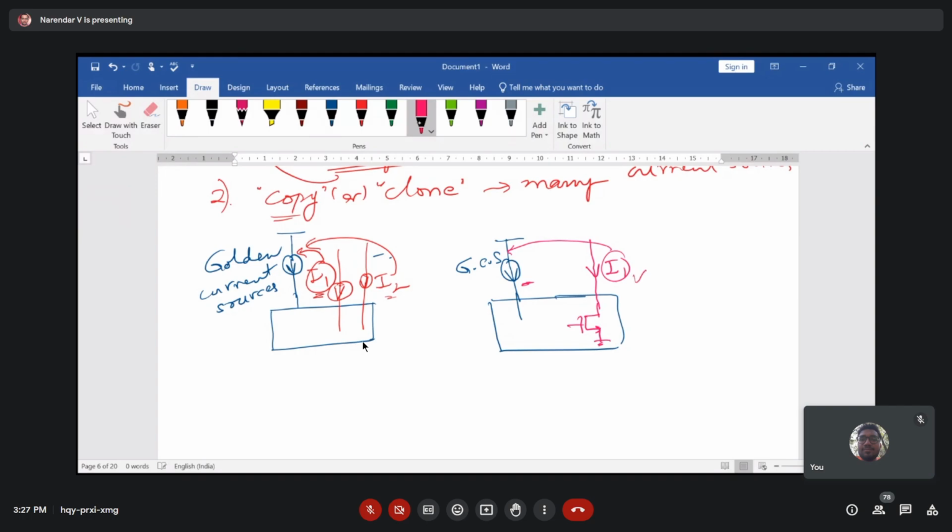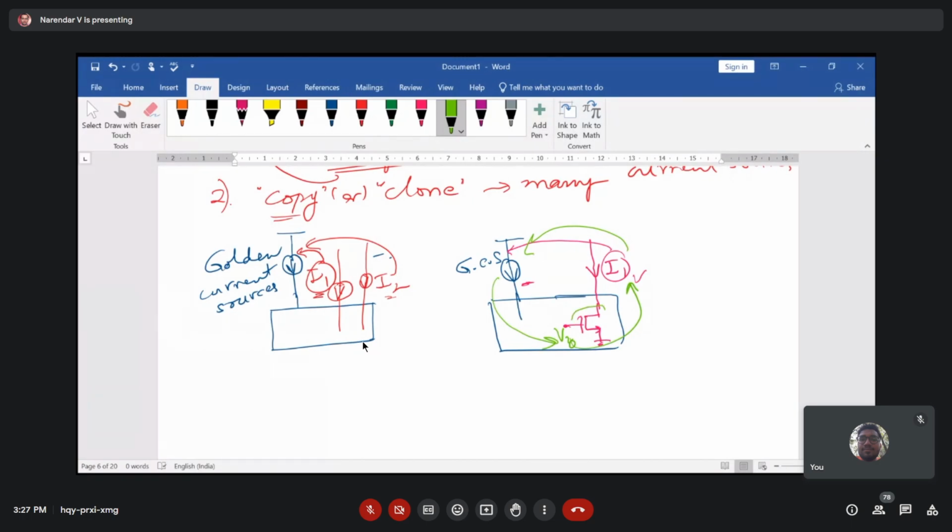To generate this I1 current, we require a voltage at the gate terminal. We call it VB, the biasing voltage. This VB, the biasing voltage, should have the information of this golden reference current source. Then only can we generate the I1 current which is the same as your golden source current.